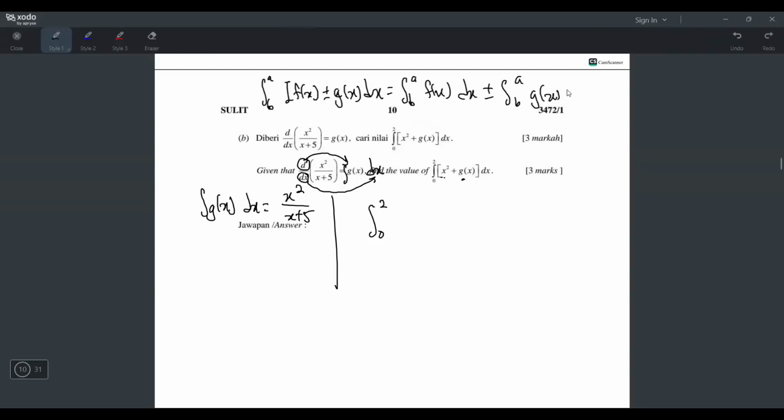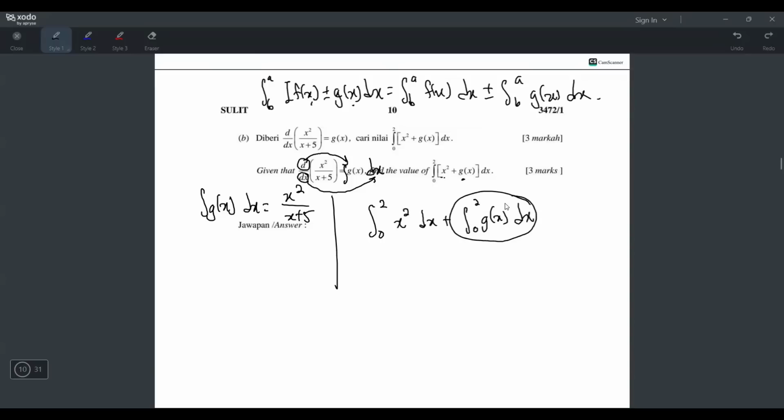You learn this in properties of definite integral. There are 5 properties, and this is one of them. When there are two terms inside one integral, you can separate it like this. So this one you can apply this formula. So it becomes integrate x squared dx plus integrate 0 to 2 g(x) dx.